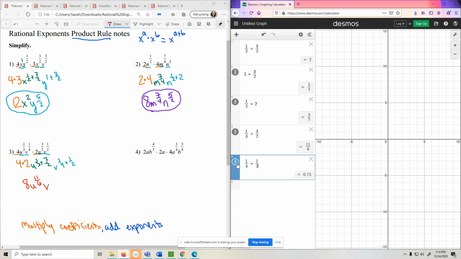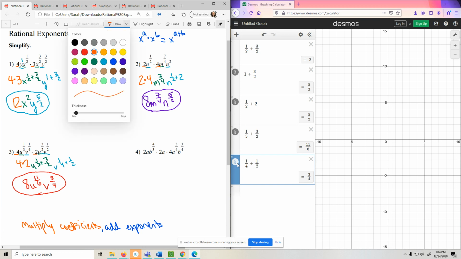Gives me a decimal. Hit the fraction button to turn that into a fraction. I get 3/4. So again, you are welcome to add these exponents by hand, but you are also welcome to use Desmos to make your life a little bit simpler. Subtracting will be in the future.